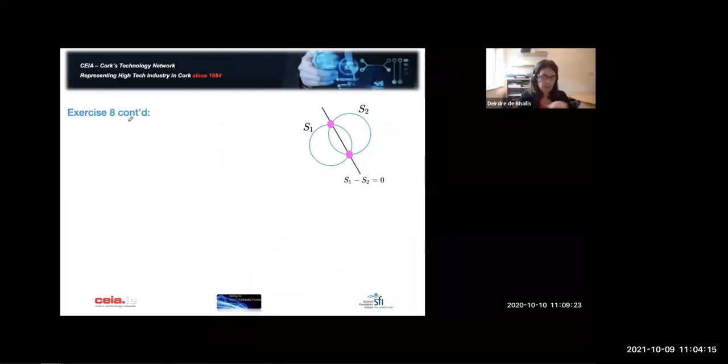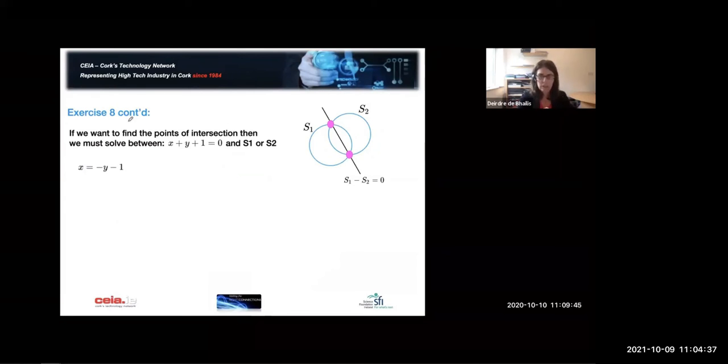So we found the equation of the common chord, but the next part of this exercise is if we want to find the points of intersection, then we must solve between the line that we've just found and either S1 or S2. So that's substitution again.